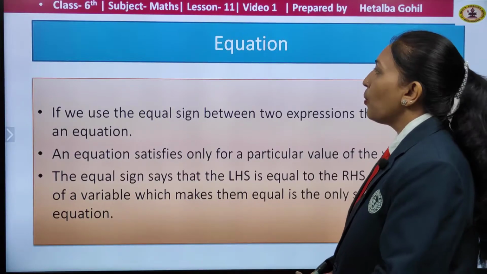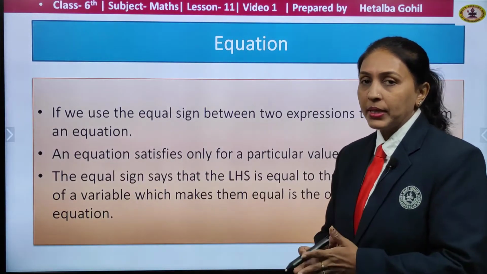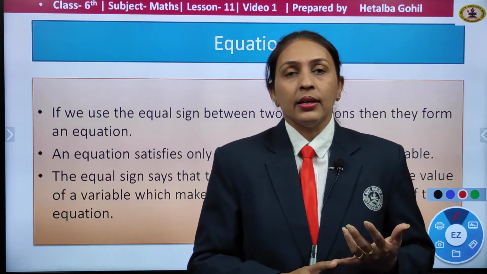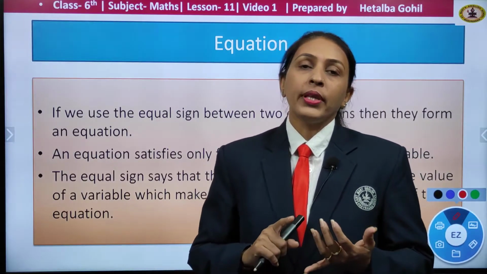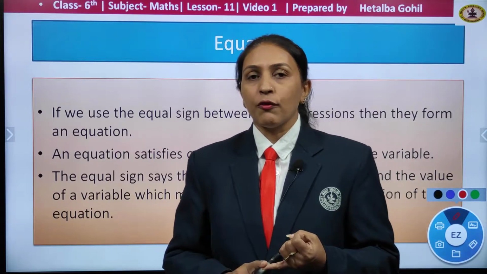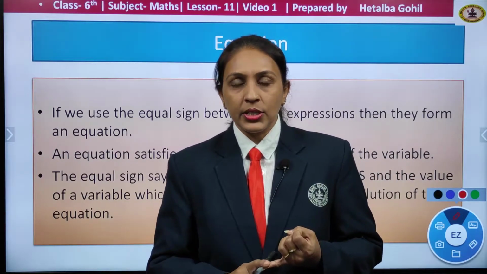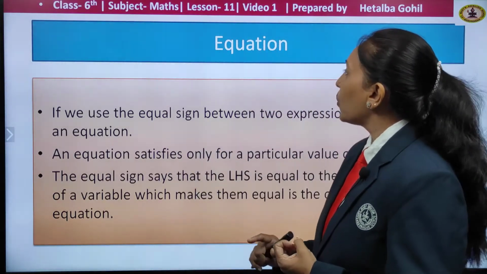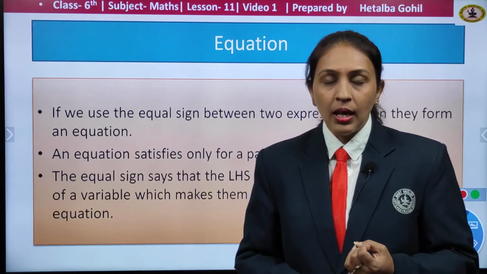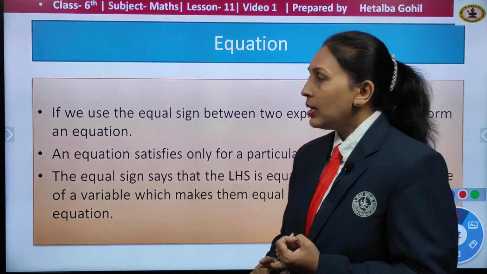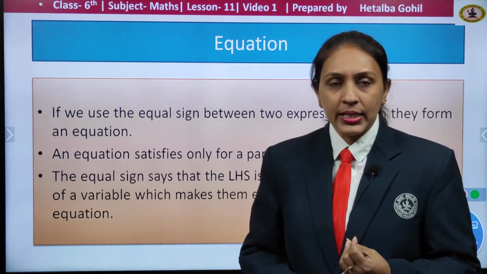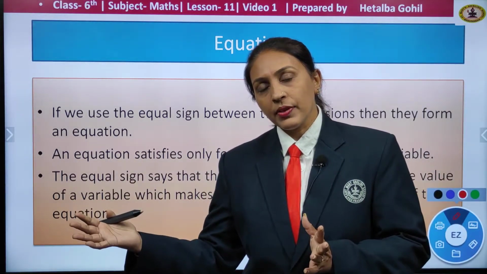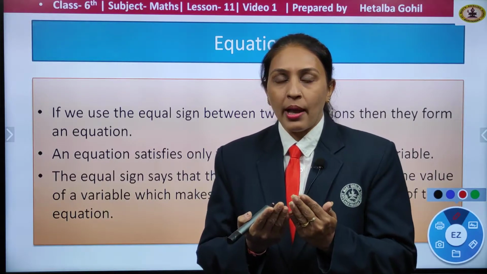Now the most important concept of the chapter, that is equation. Children, we first learned the basic things: what a variable is and how an expression is formed. Expressions are of two types, numerical expression and expression with a variable. Whenever we use an expression with a variable along with an equal to sign, together with another expression, we form an equation.